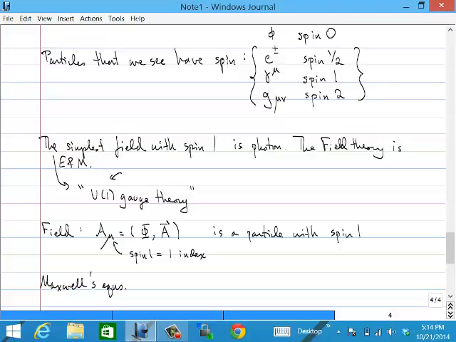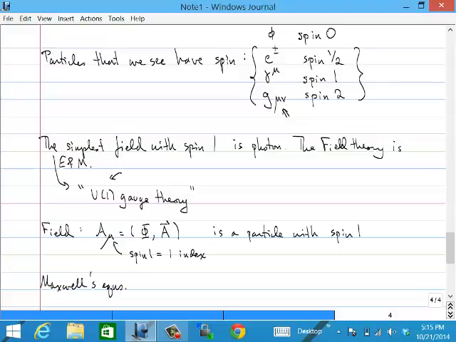What that means is that you don't want some set of states to transform only among themselves and some other set of states to transform only among themselves. That you would call two particles. Okay. So for example, if you had a general two-index spin 2 particle, G mu nu, where G mu nu was not symmetric or antisymmetric, then you could separate it out into two things that wouldn't transform into one another, that wouldn't mix.